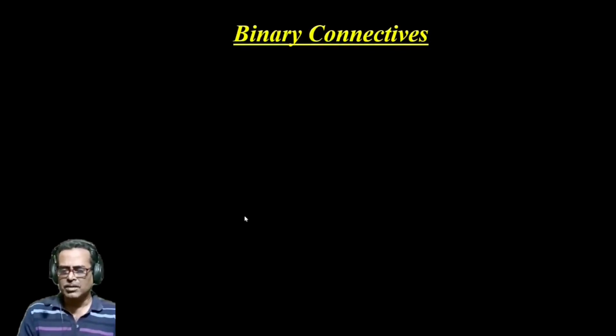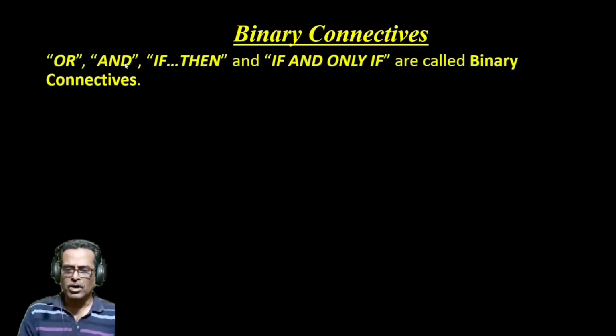All the other connectives, that is or, and, if then, if and only if, are called binary connectives, because a unary connective only applies to one statement. It will not connect two or more statements. But or, and, if then, if and only if connect two or more statements. So they are binary connectives.